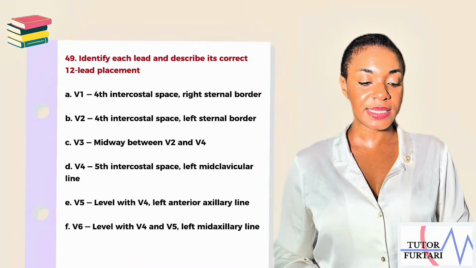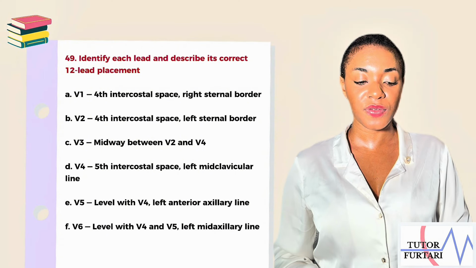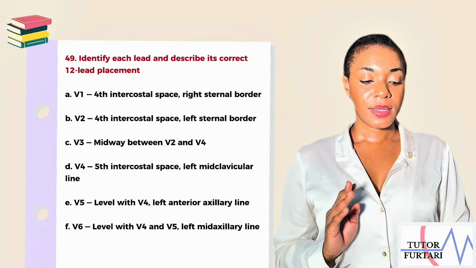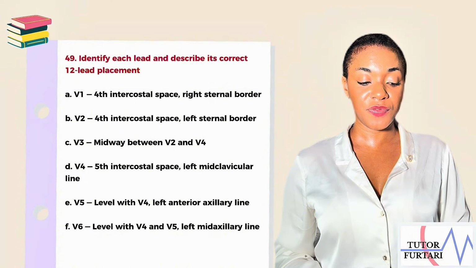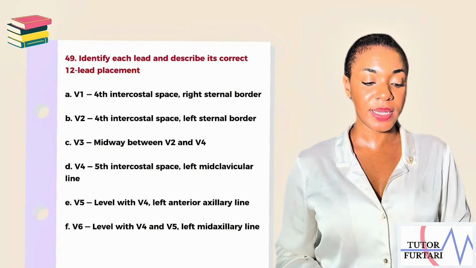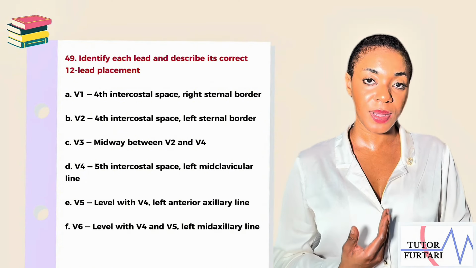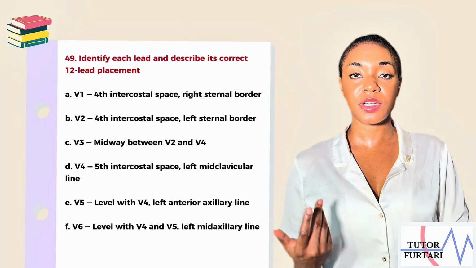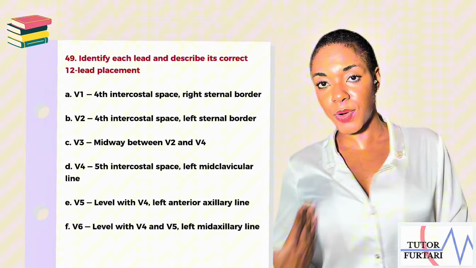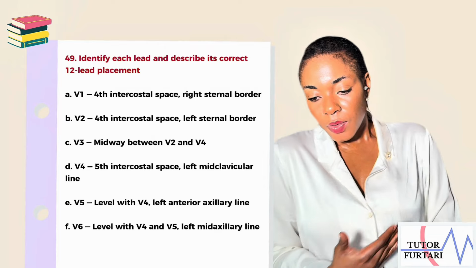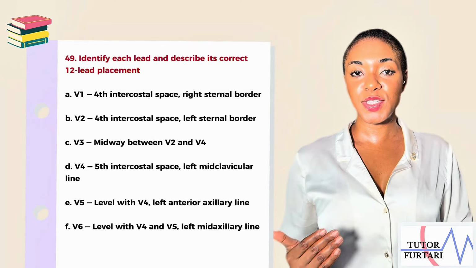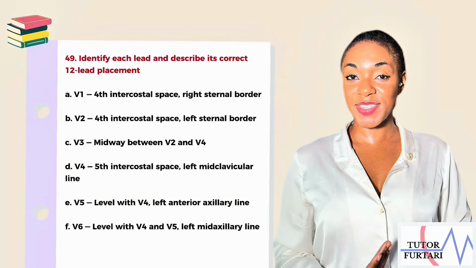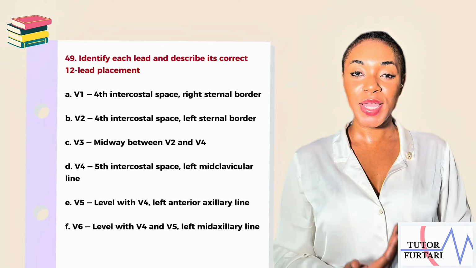49, identify each lead and describe its correct 12-lead placement. V1 through V6. V1 is the fourth intercostal space, right sternal border. V2 is the fourth intercostal space, left sternal border.